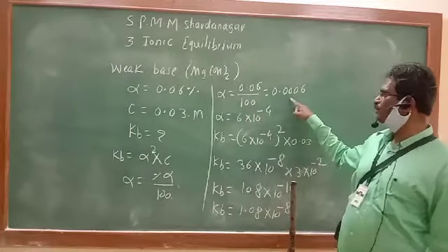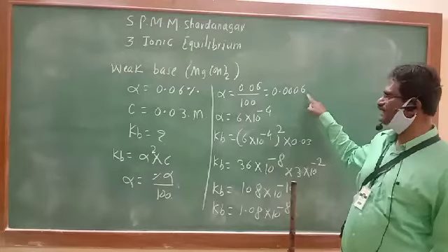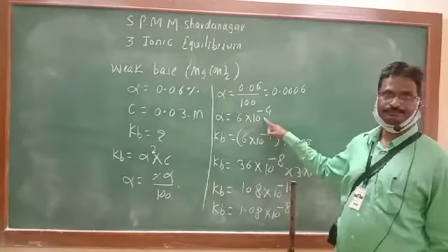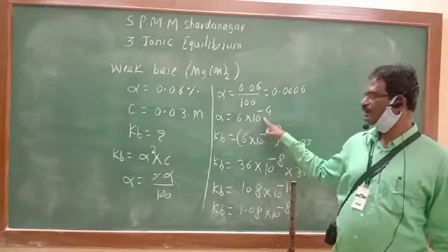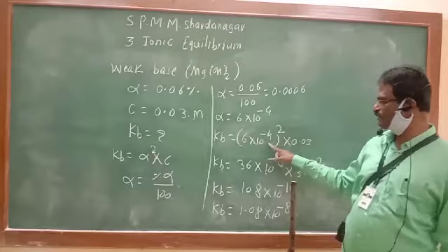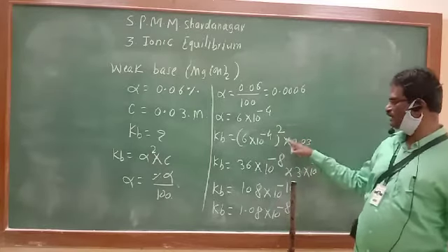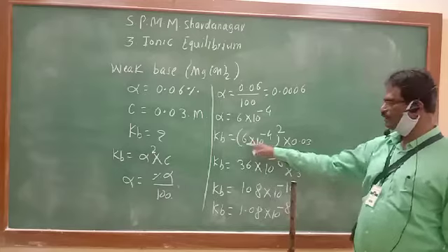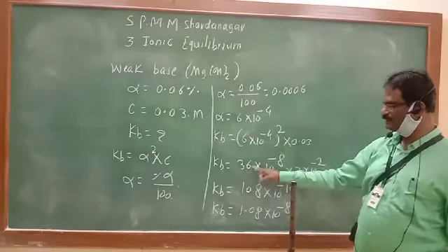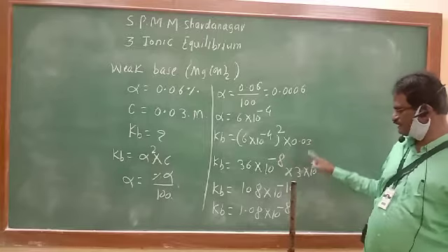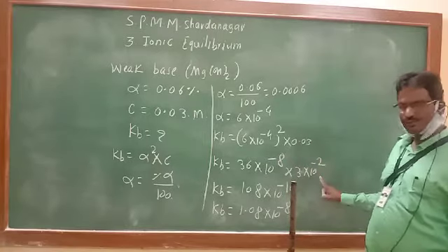That is equal to 0.0006, or 6 into 10 raised to minus 4. So Kb is equal to, substituting this value, 6 into 10 raised to minus 4 square into concentration 0.03. Solving this bracket, 36 into 10 raised to minus 8, into 3 into 10 raised to minus 2.